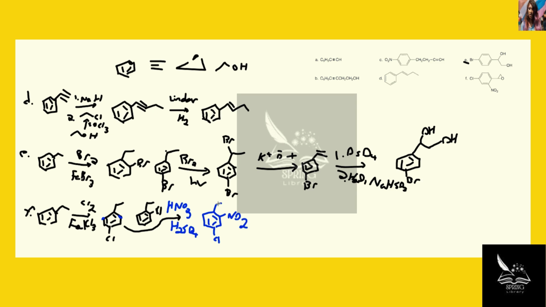Now we need to make an alkene double bond before we can use MCPBA.